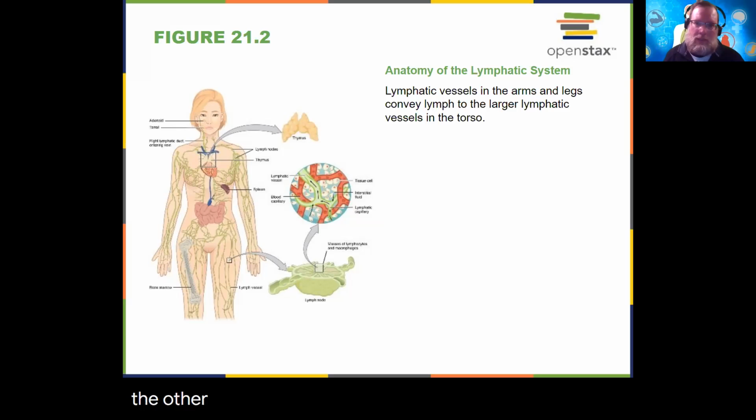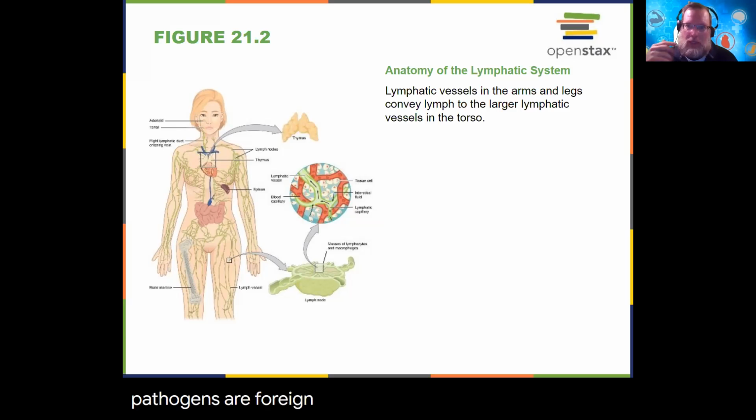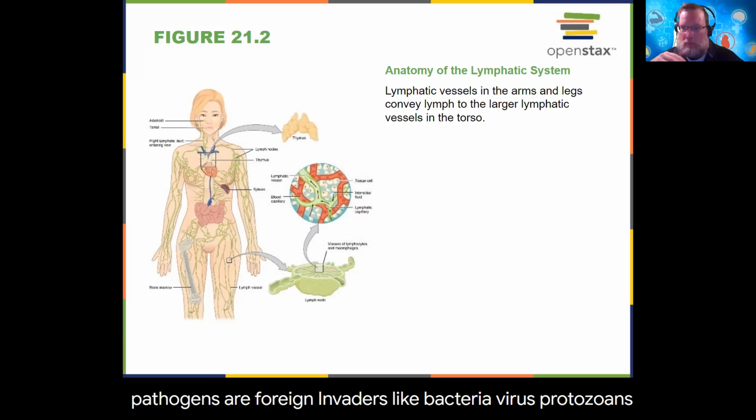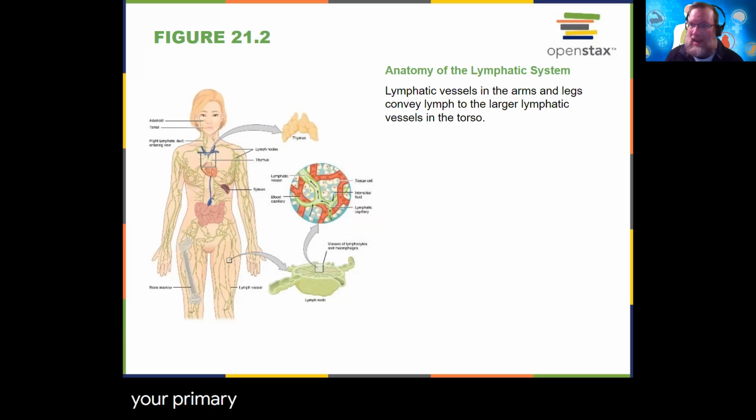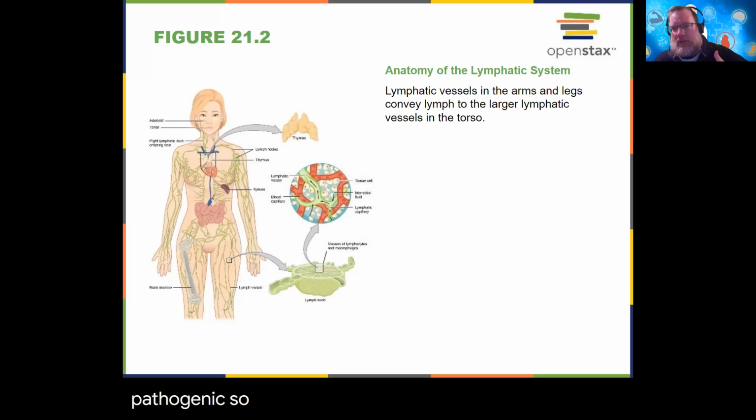The other thing is the lymphatic system will play a role in keeping things clean by going after pathogens. So pathogens are foreign invaders like bacteria, virus, protozoans. Those are your primary pathogens. Fungus, like certain fungi are pathogenic. So if it's a pathogen and it's in the body, the lymphatic system is going to be activated.